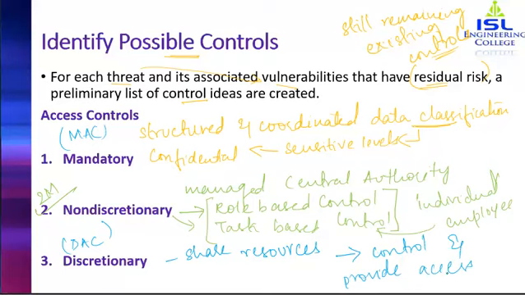Or you can give access rights: read only, write only, or read-write rights. All this can be given. These control rights and access rights are provided based upon whatever information or resource you have. So these are the three types of access controls. The three controls can also be asked in short answers.